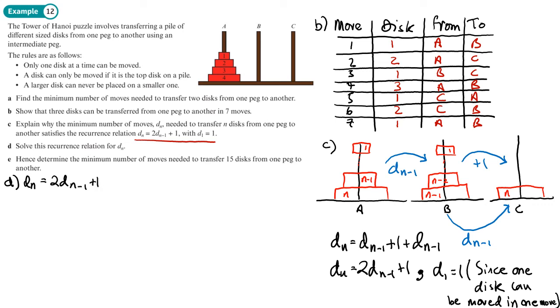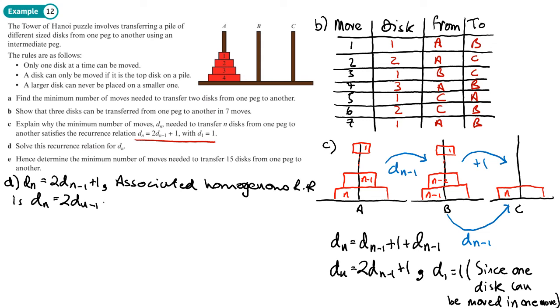The first thing that we want is the associated homogeneous recurrence relation. I'll just use RR, and that's going to be d_n equals 2d_(n-1).